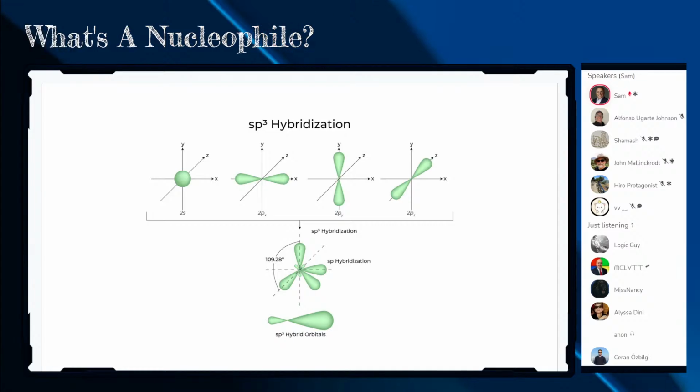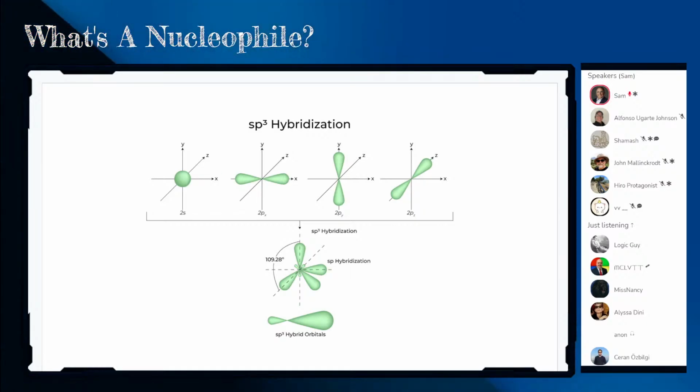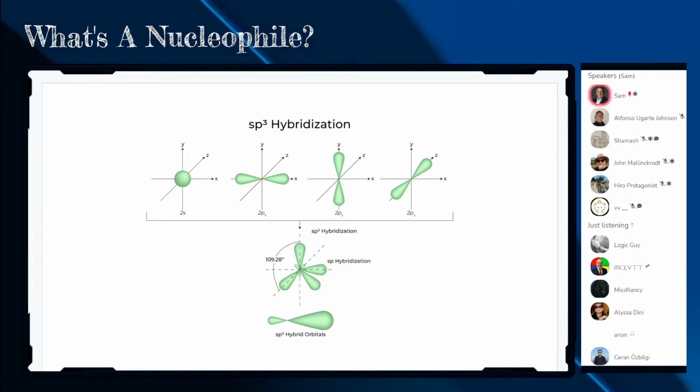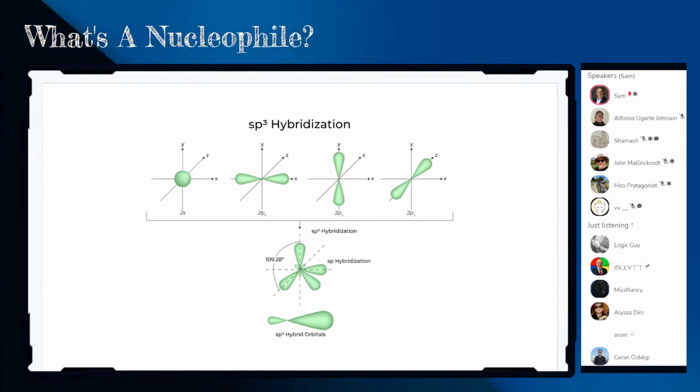So that is for a carbon atom, but when carbon gets involved in reactions, these orbitals rearrange themselves, because from 4 different orbitals of 4 different shapes and directions, we're going to create 4 orbitals that are energetically identical to each other.